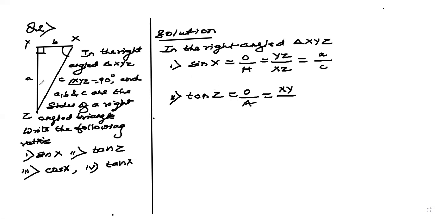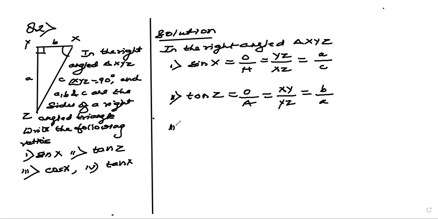XZ is the hypotenuse, so YZ is the adjacent side. XY is represented by small letter B and YZ is represented by small letter A, okay?